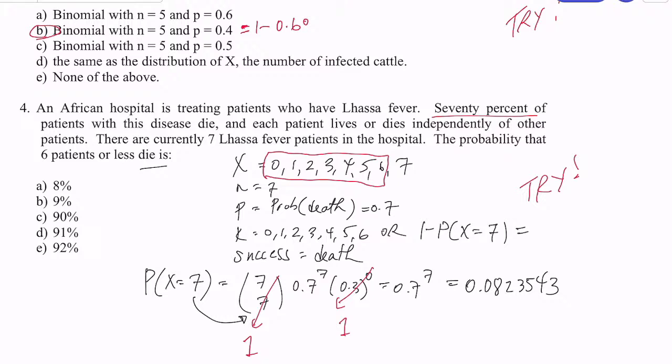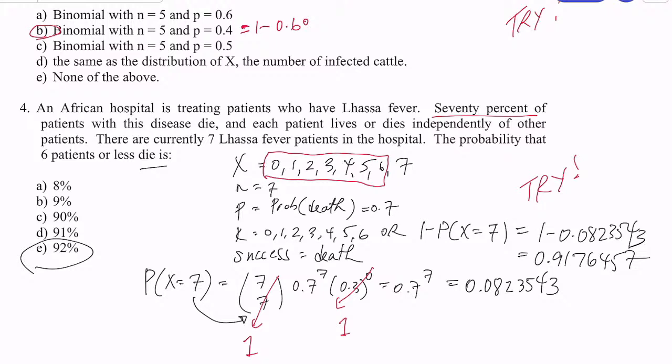So this is equal to 1 minus 0.082353. So the best answer is 0.92 if you round to 2 decimal places. So hold the decimal places till the end, and then you find the best answer.